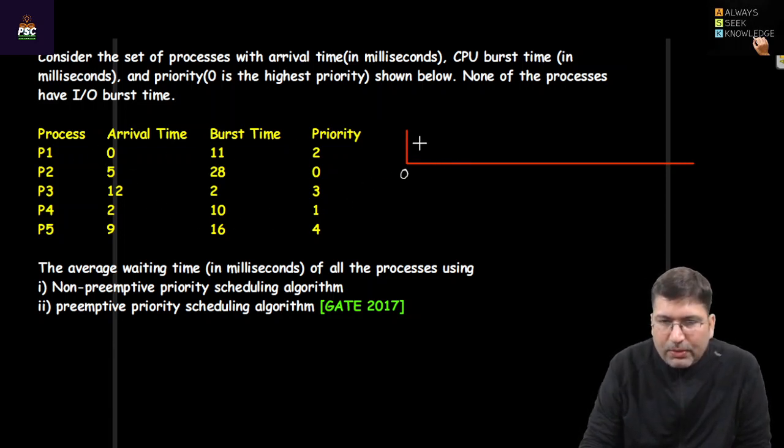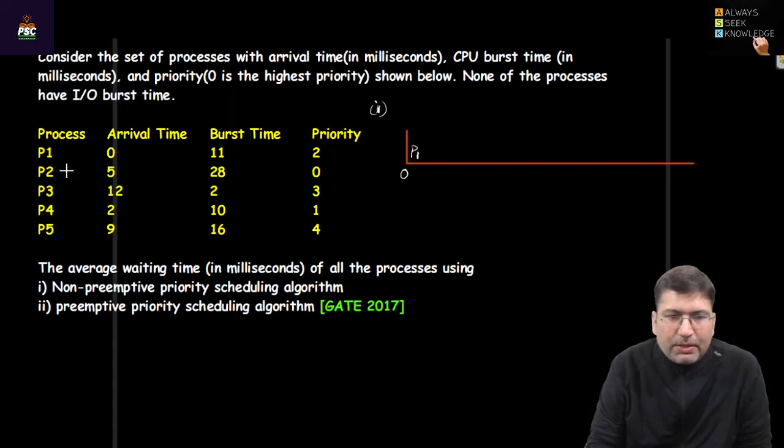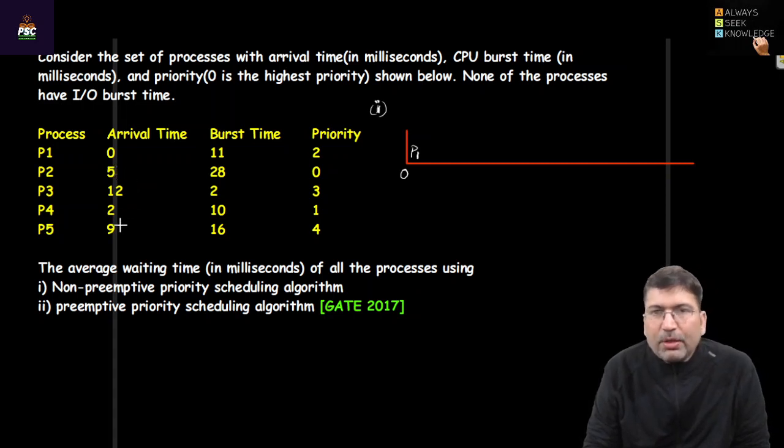At 0 there is only one process, so P1 will be scheduled because there is only P1 in the ready queue. Because it is the non-preemptive case, once P1 is scheduled, although other processes will be arriving in the ready queue, P1 will continue its execution.